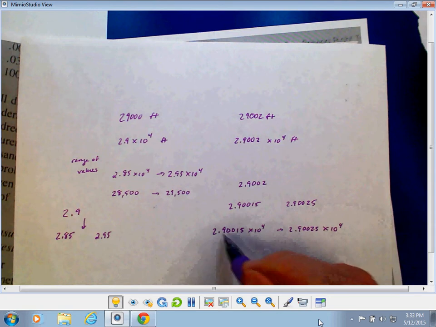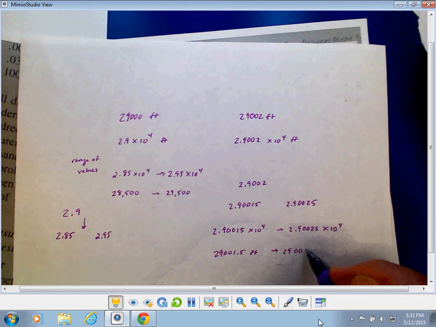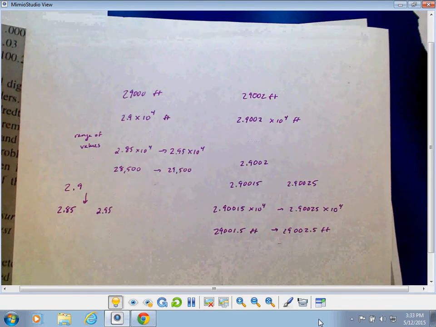If I move it to 4 decimal places, I got 29,001.5 feet to 29,002.5 feet.